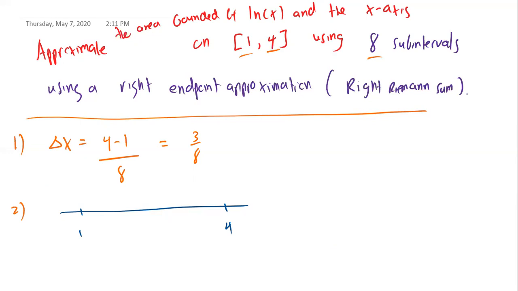So for example here, we're at 1. To get to the next endpoint, I add 3/8. Remember, 1 is the same as 8/8. So 8/8 plus 3/8 is 11/8. For the next endpoint, I add 3/8 again. I'm always adding change in x. So it'd be 14/8. Then I add 3/8 again, 17/8.